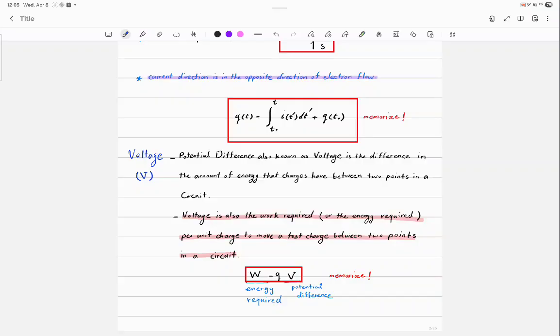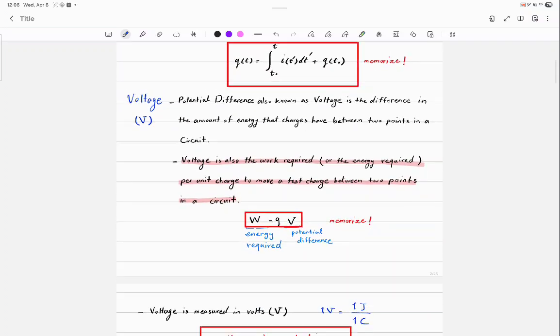So can I assign voltage to individual nodes on a circuit? Yes, there's a big if. If you have a reference voltage defined, otherwise, no. Okay? So you set your ground or your reference, and then you can assign individual voltages.